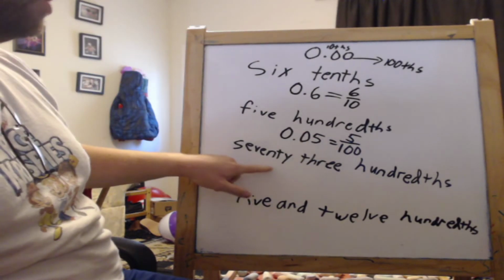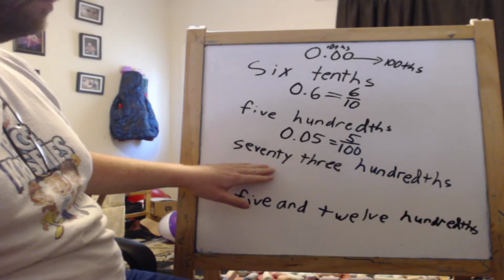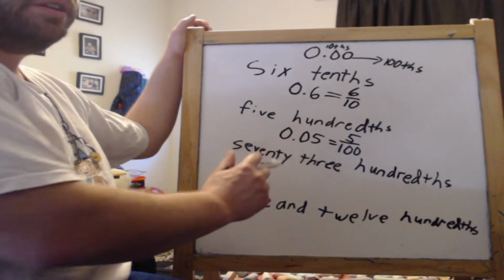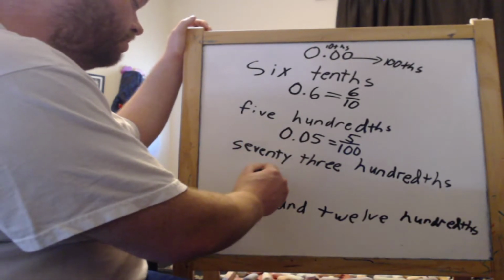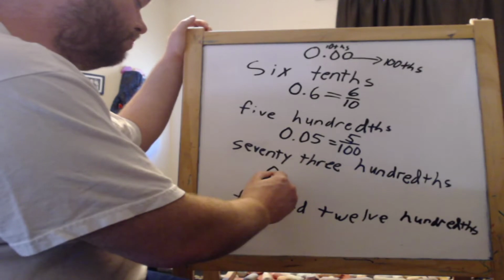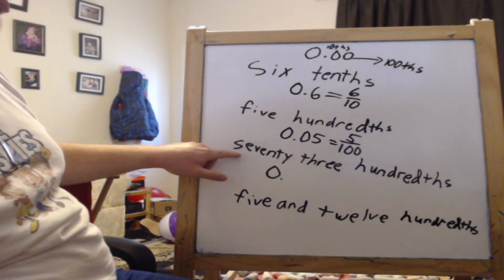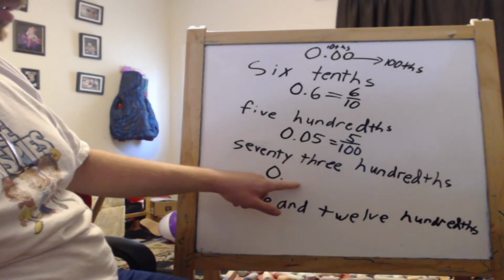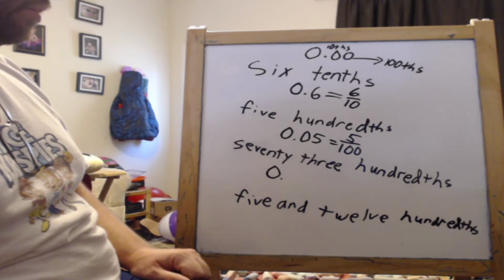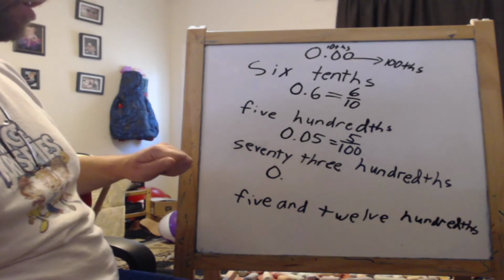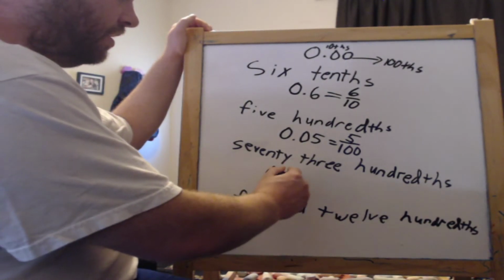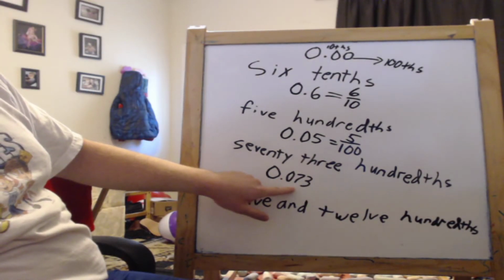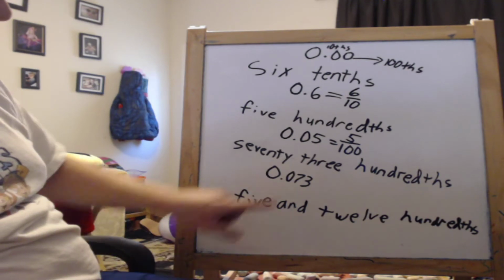Now, this is where it starts to get, I wouldn't say tricky per se, but slightly trickier, is 73/100ths. So what I'm doing here is I have to make sure that the number 73 ends in the hundredths place. It doesn't start in the hundredths place, because that would actually not be 73 hundredths, that would be 73 thousandths.